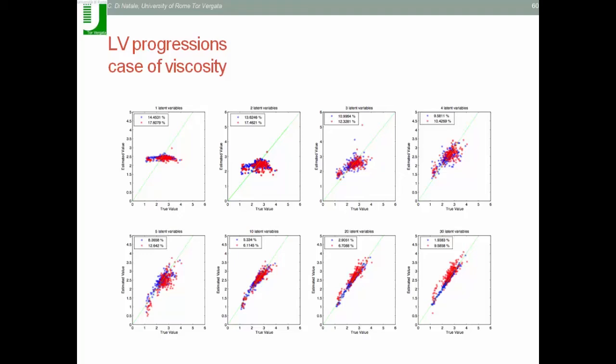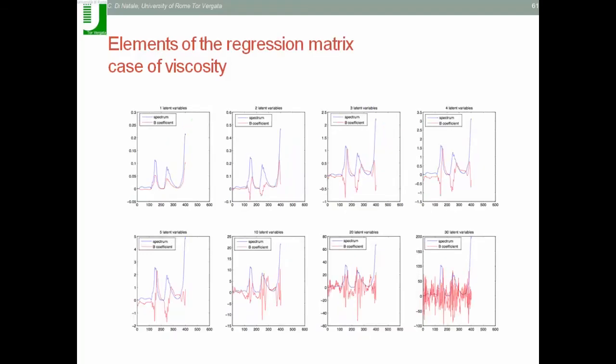Okay? And we can ask what is done by the regression matrix. And we can see this here. The blue is the typical spectrum of the gasoline, of the fuel, and the red are the components of the regression matrix. You see that the first latent variable is just proportional to the spectrum.